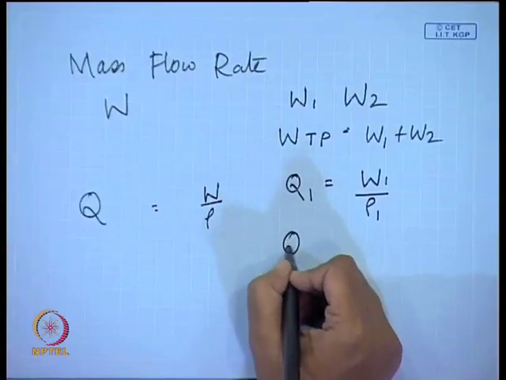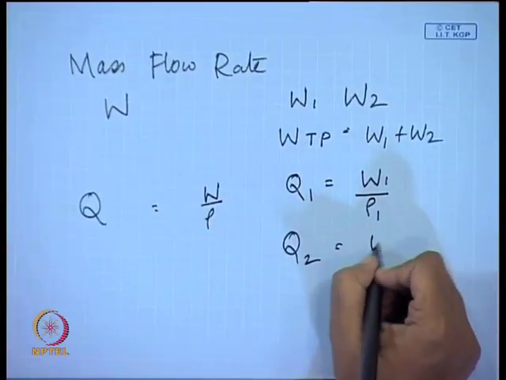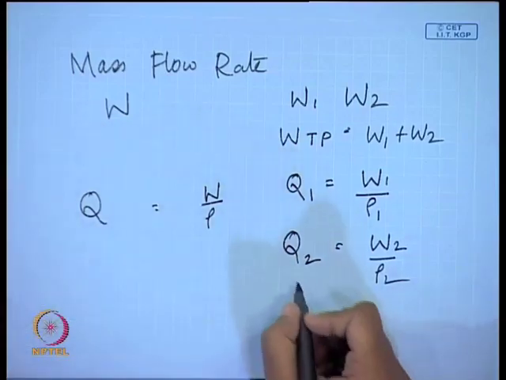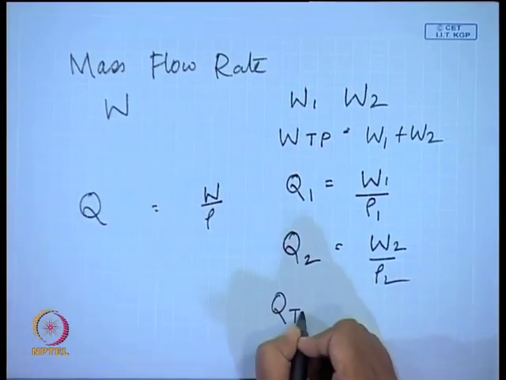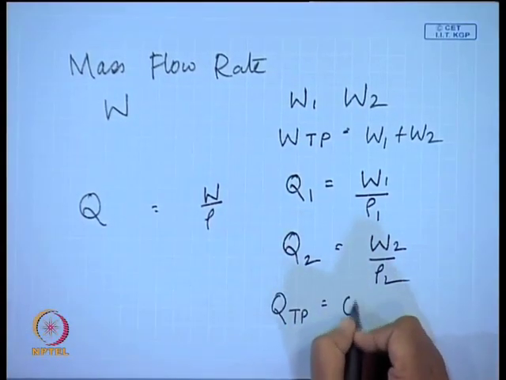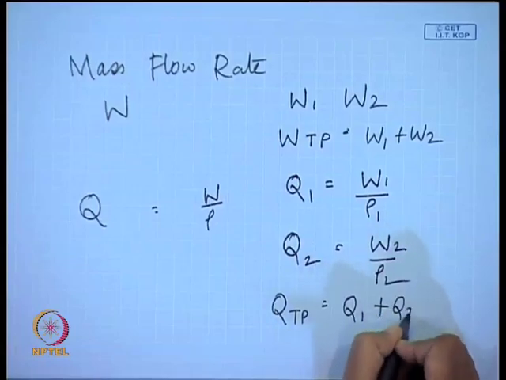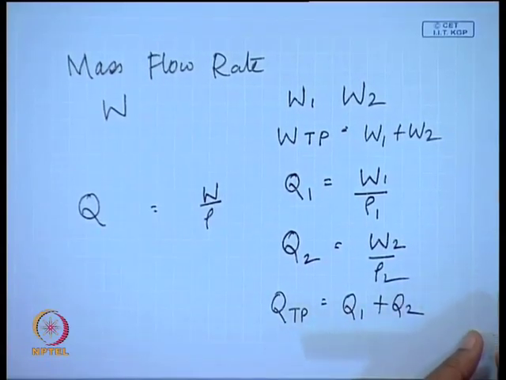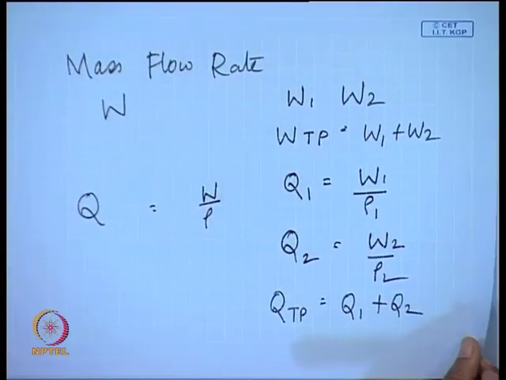We are going to have a Q2, nothing but W2 by rho 2, and we would also have a Q2 phase, which is nothing but Q1 plus Q2, isn't it?